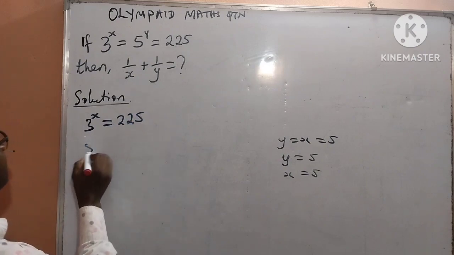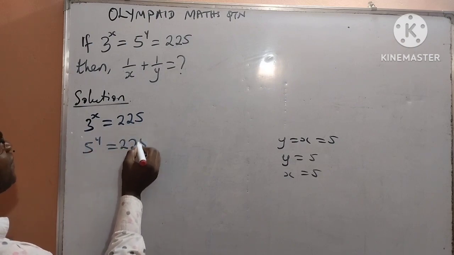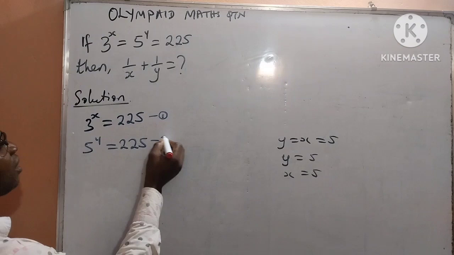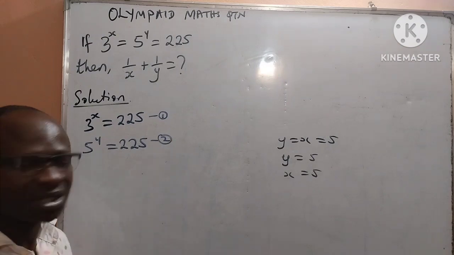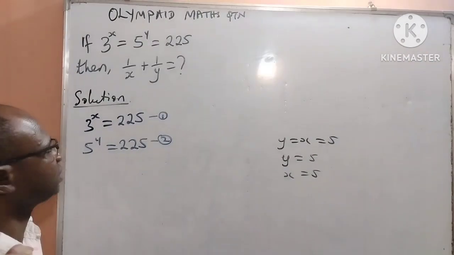Also, 5 raised to power y is equal to 225. Equation 1, equation 2. So this is the meaning of this first equation.